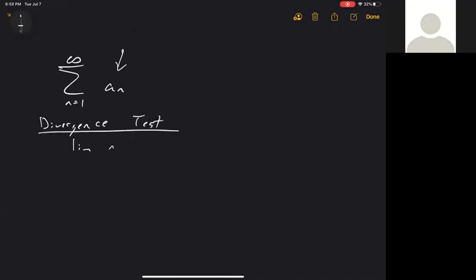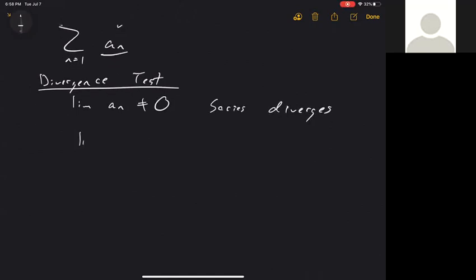If the limit of these terms does not equal 0, then my series diverges. If the limit does equal 0, we need to do more tests. We have to do something else besides the divergence test.